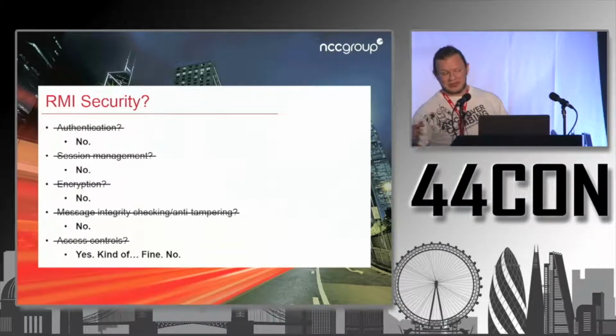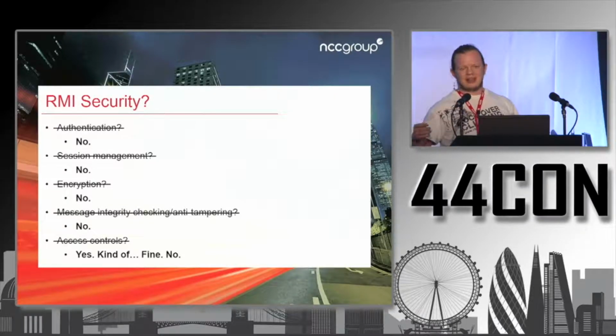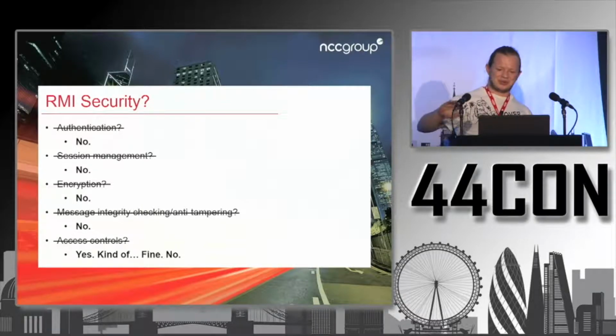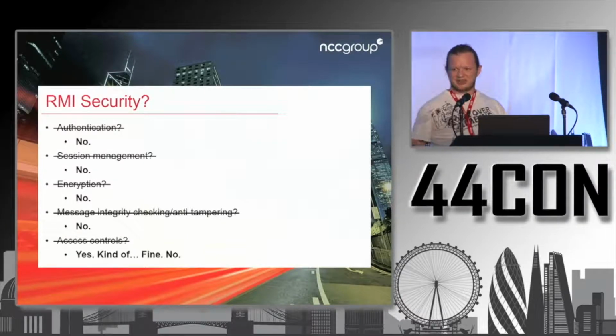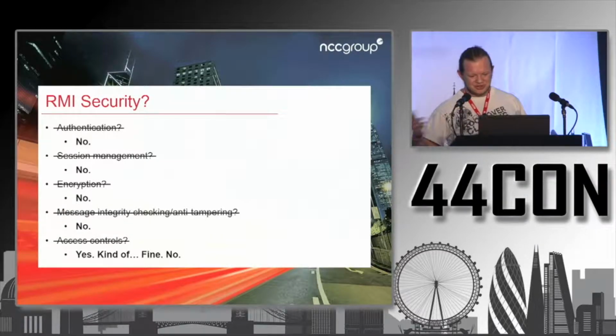There's an issue where RMI does the checks the wrong way around. It will deserialize an object before it checks that the request came from localhost. So the access control happens the wrong way around.